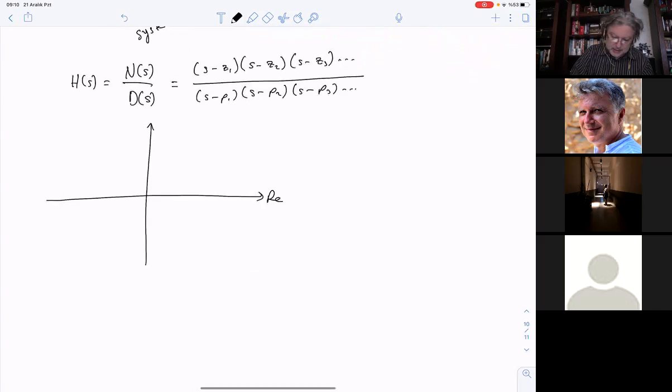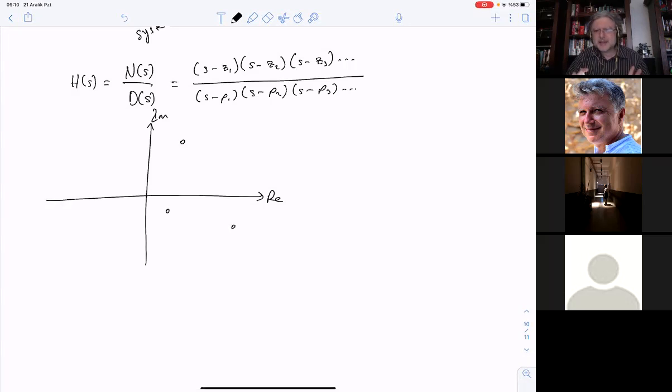This is the real axis. This is the imaginary axis. These poles and zeros are just complex numbers, so they appear as points on the plane. They may be anywhere. Let me put the poles on the right-hand side, like this one, and this one, and maybe this one.